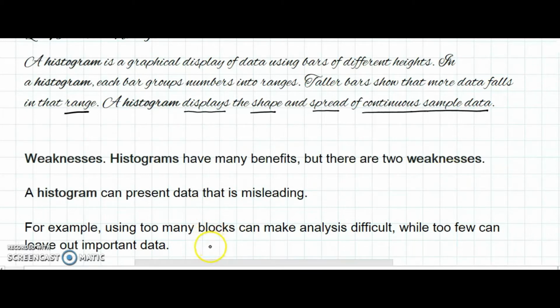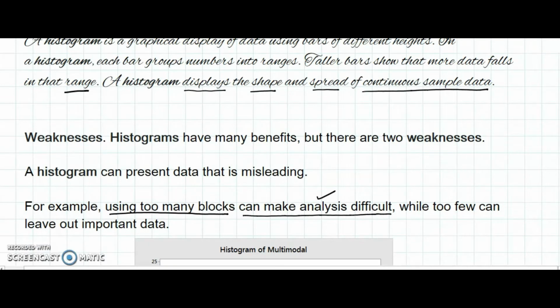For example, if we use too many rectangular blocks, that can be very difficult from the analysis point of view. While too few can leave out important data, so some of the bars can be left out, and that can be misleading.